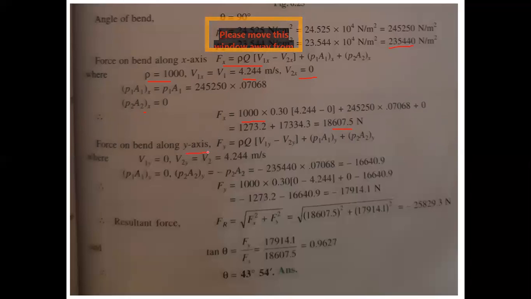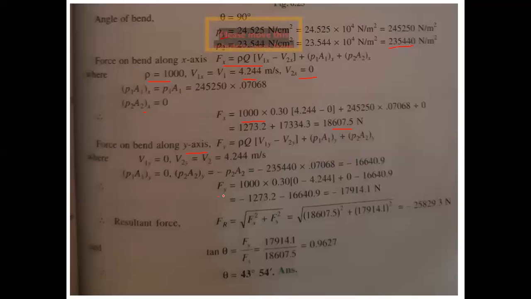For the y-axis, the same formula applies: rho Q into v1y minus v2y, plus p1a1 in the y direction plus p2a2 in the y direction. Here we take only what is in the y direction, and put 0 for the x direction. Therefore v1y at section 1-1 is 0, and v2 has a value. Therefore p1a1y is equal to 0. For section 2, p2a2y is equal to minus p2a2, that is 23540 into 0.07, that is the value.